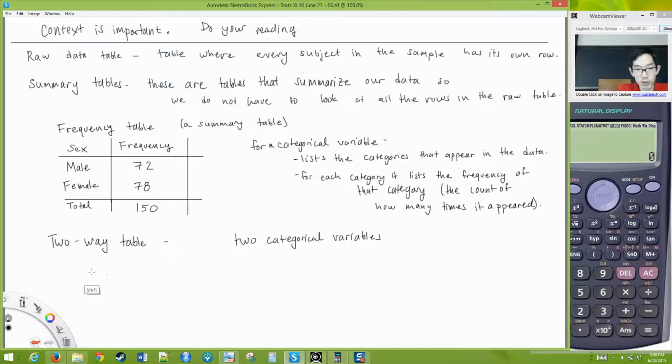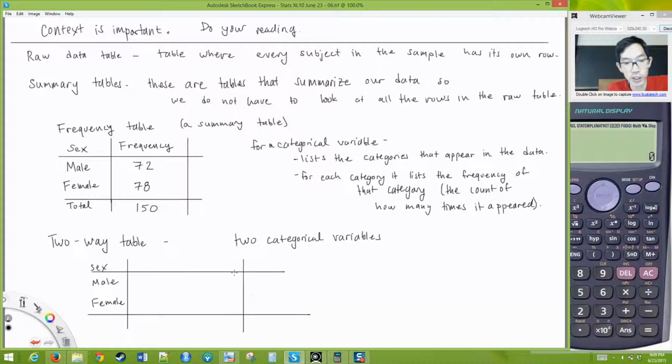So maybe we are looking at sex. So we have males and we have females. Okay. But then we're also going to look at another categorical variable. So maybe we looked at left-handed or right-handed, okay?